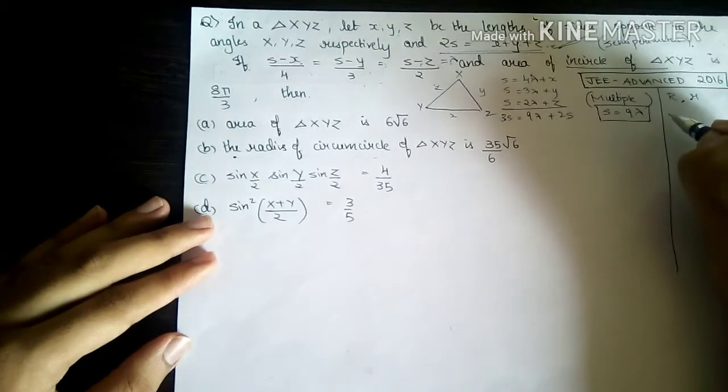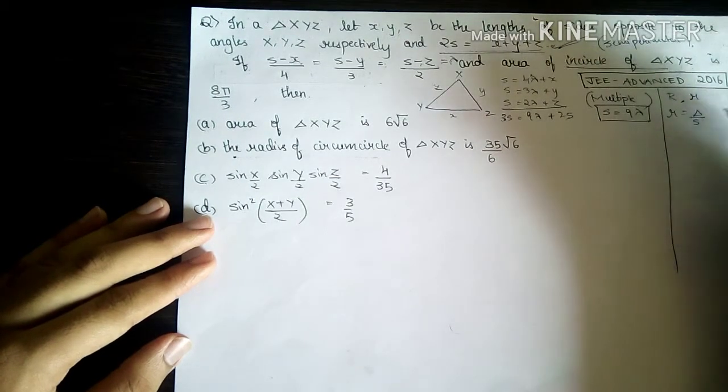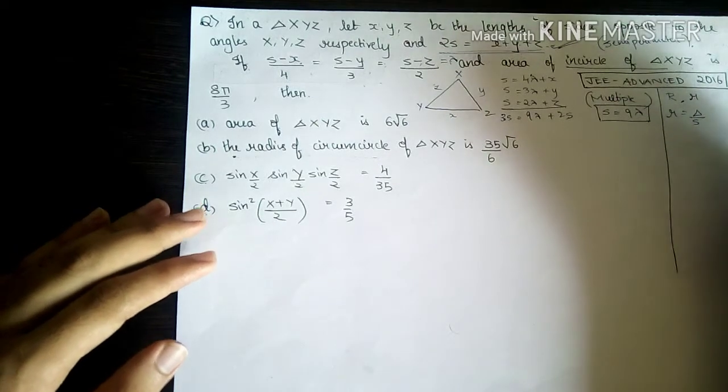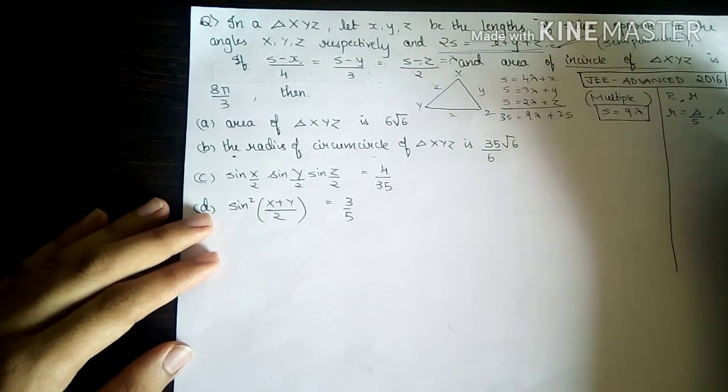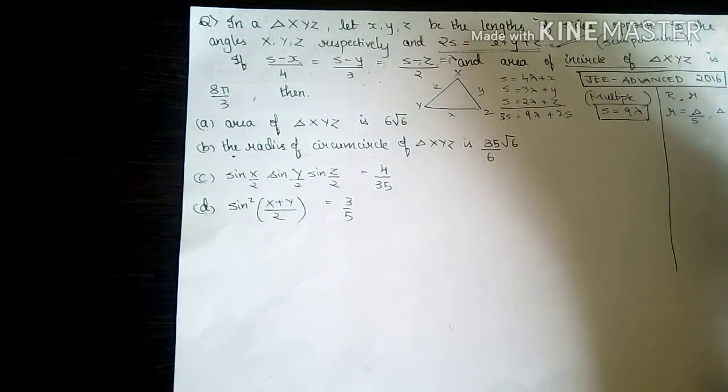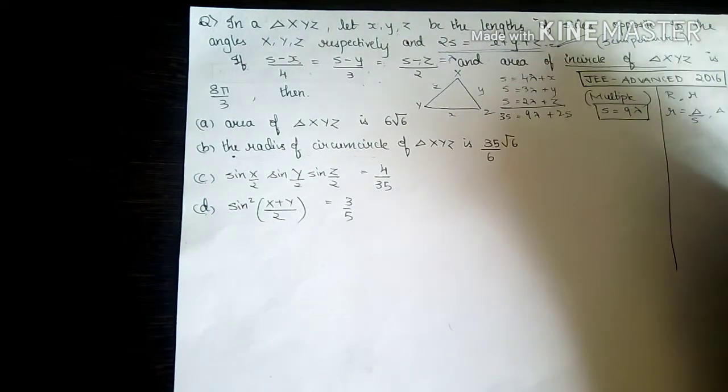So let me discuss the formulas first. r is equal to delta by s, where delta is the area of the triangle and s is the semi-perimeter, and delta is also equal to abc by 4R. In this case it will be xyz divided by 4R, where capital R is the radius of the circumcircle.